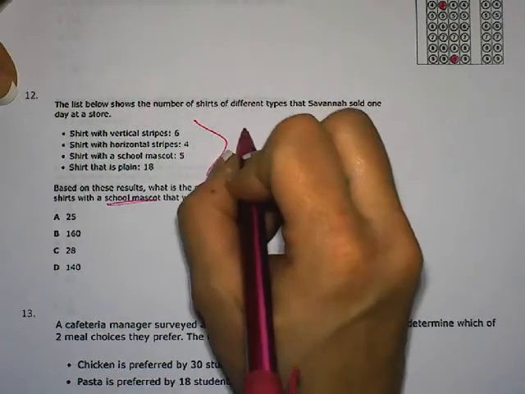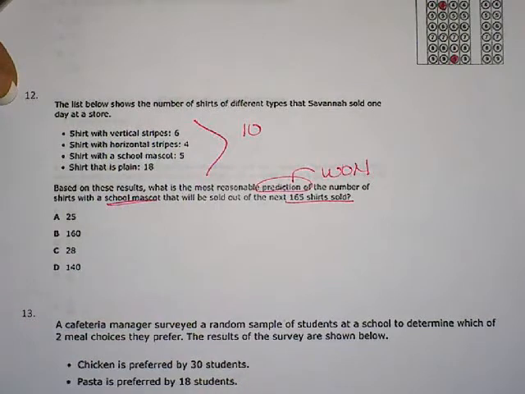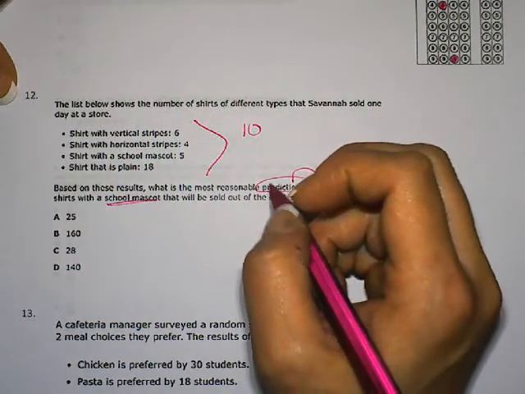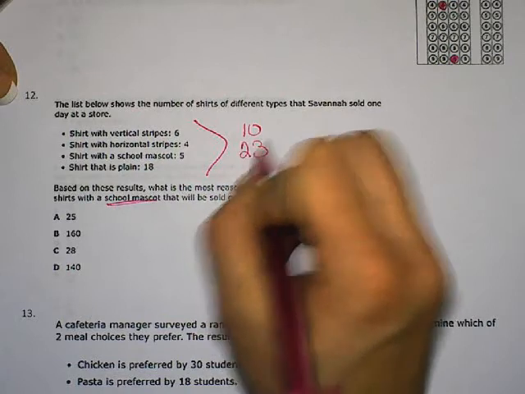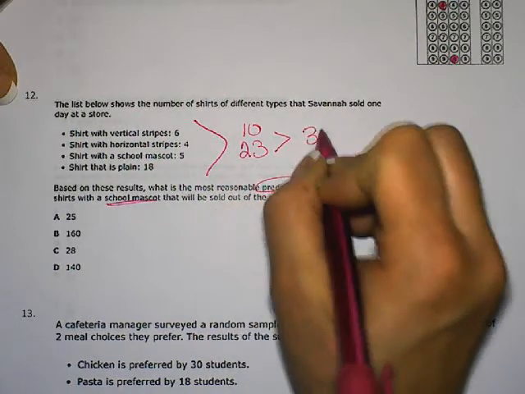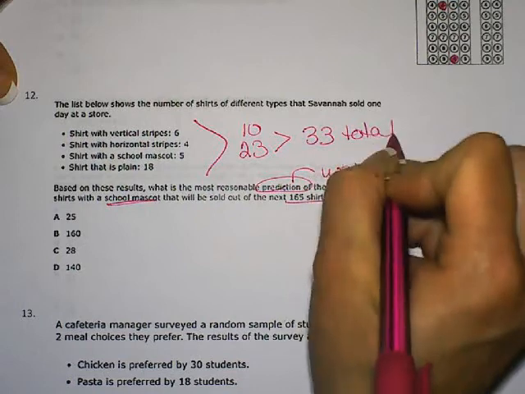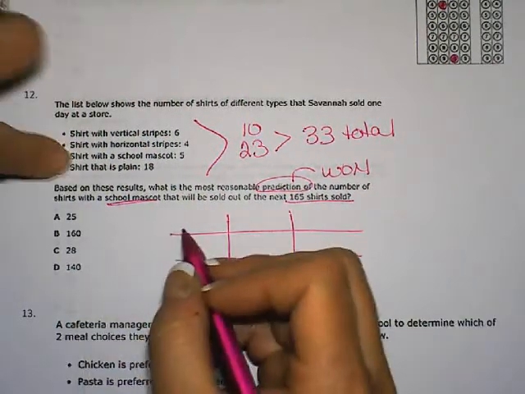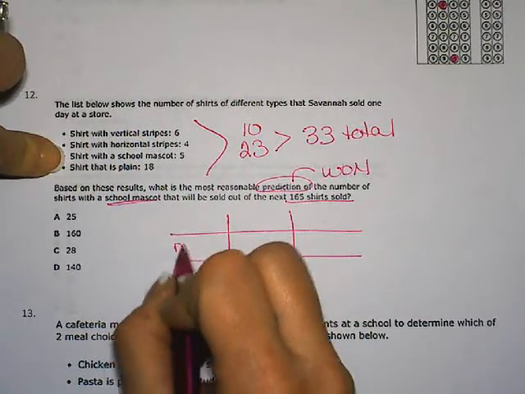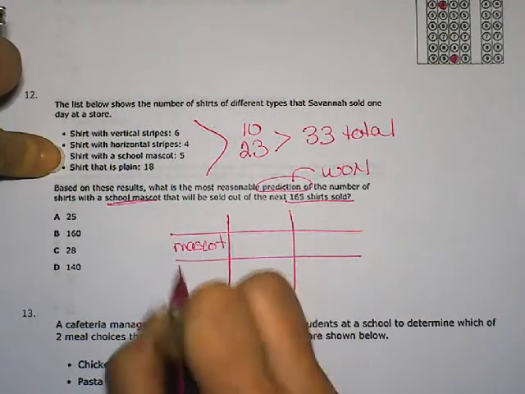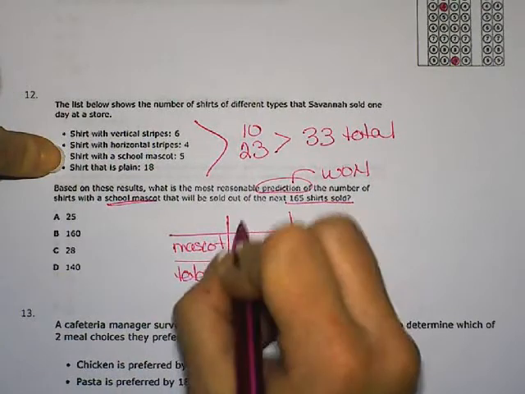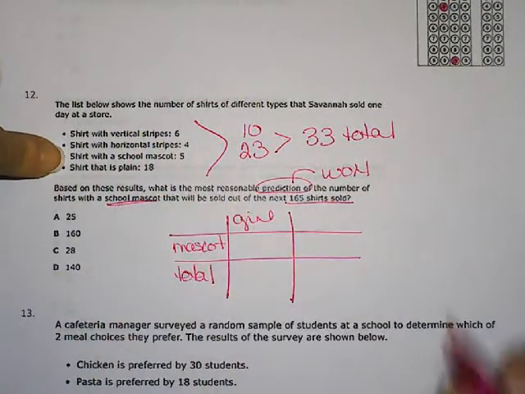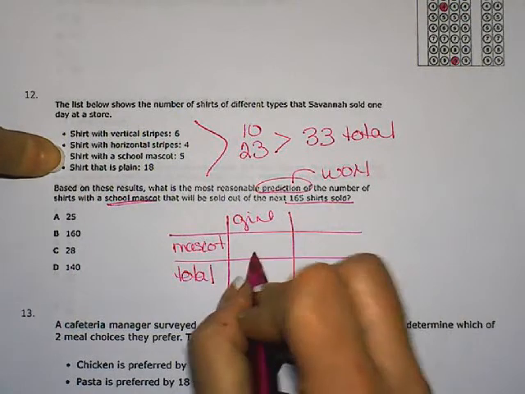So 6 and 4 is 10, 18 and 5 is 23. So we have a total of 33 shirts. So make my one table. They want to know school mascot out of total. I'm given, although I had to find the total, it's still given information because I can figure out what I've been given.